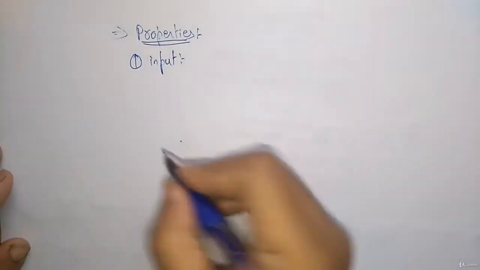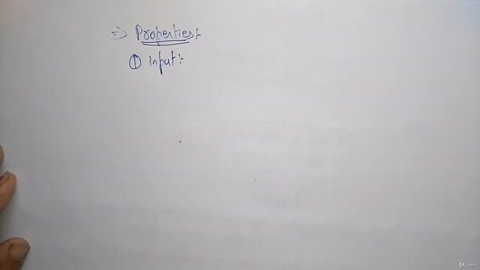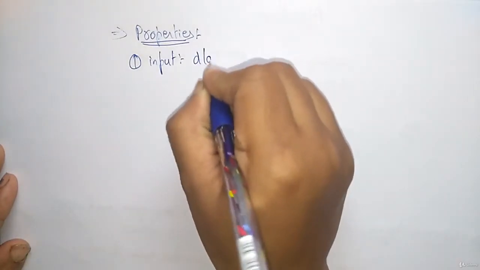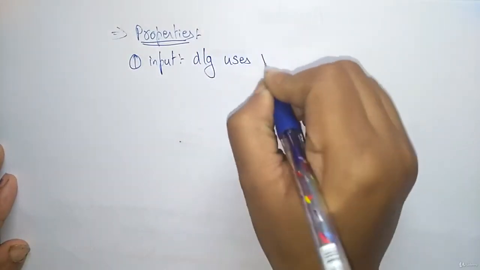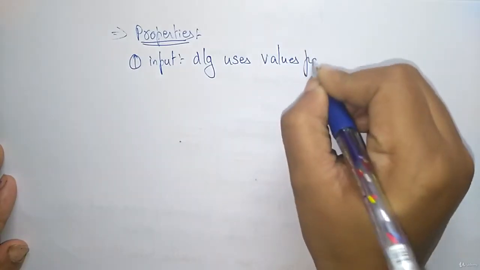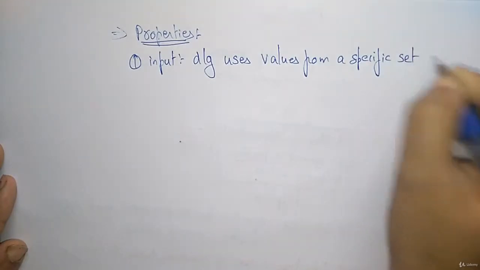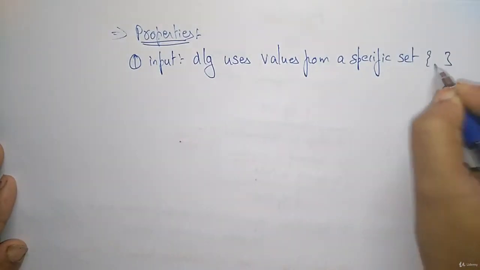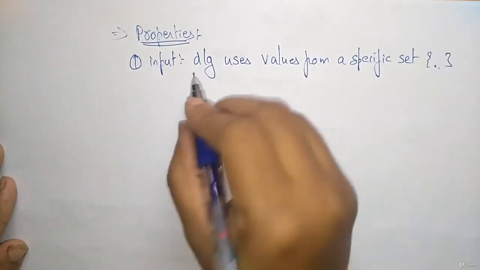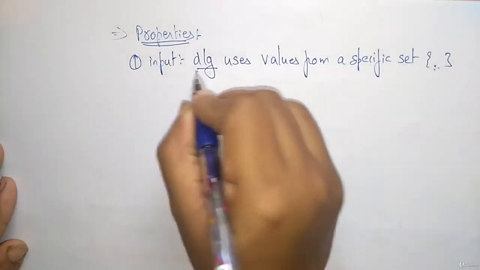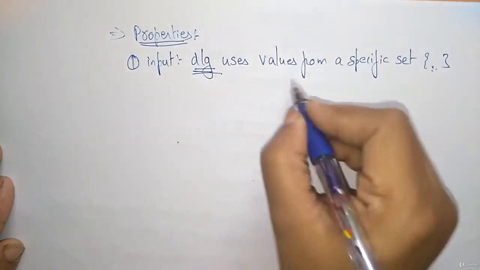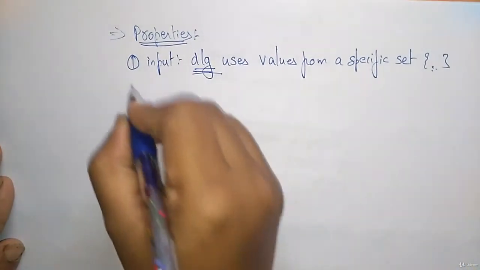At the start we have to give the input, whatever requirements or information we give to the algorithm. Input means the algorithm uses values from a specific set, and these inputs will be used by the algorithm.